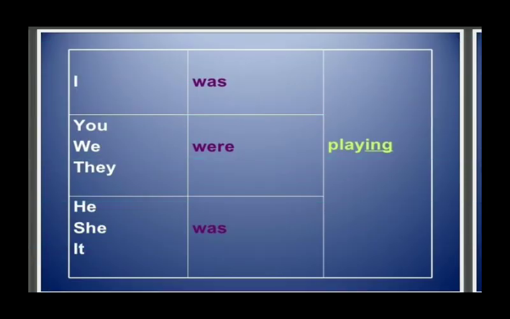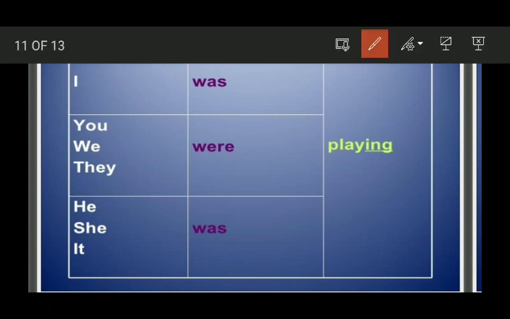Okay, let us move on to the next slide. Here you can see how we can use the helping verb, which helping verb can be used with which subject in past continuous tense. This is a very good table for you. Whenever we use I, the helping verb in past continuous tense is was.